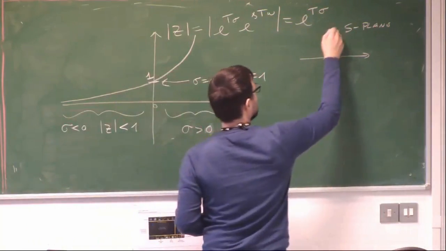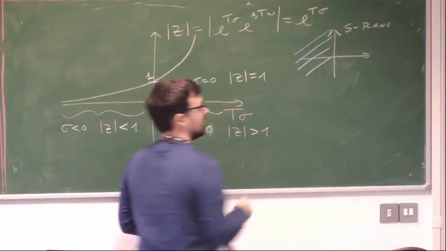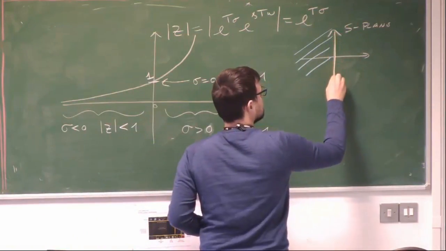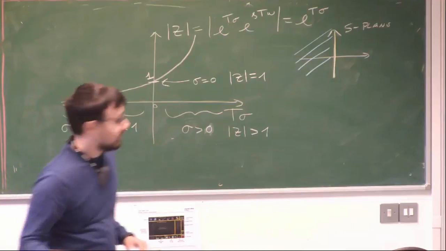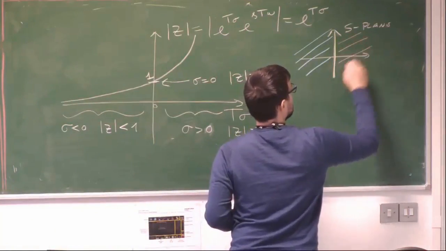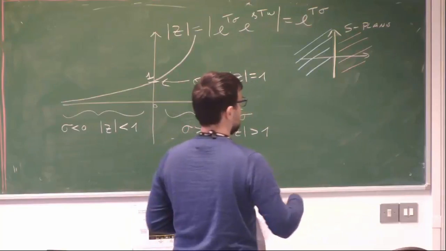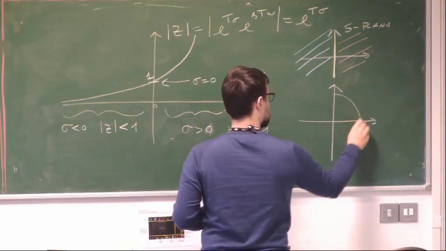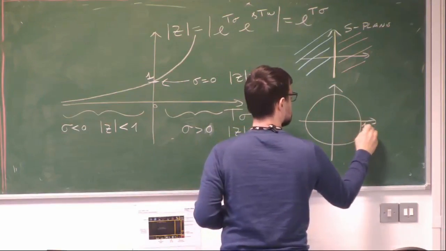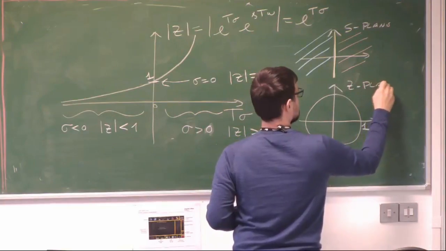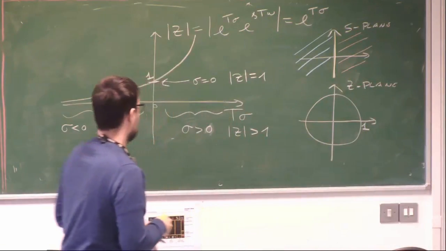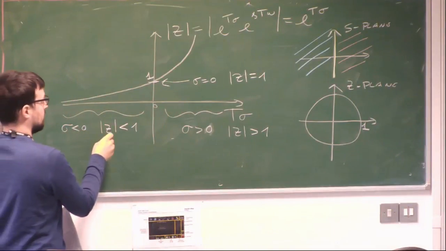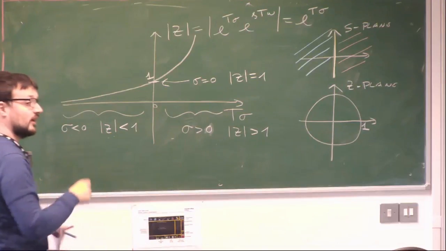So this means that if this is the S plane, and this is the good part of the plane, this is the margin, and this is the bad part of the plane, then when we are in the z domain, we see that the values of sigma with negative real part correspond to the values of z that have absolute value less than 1.